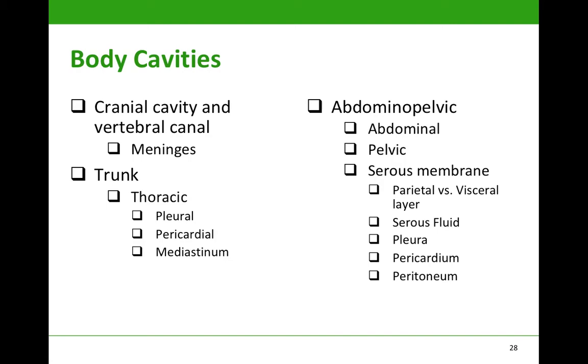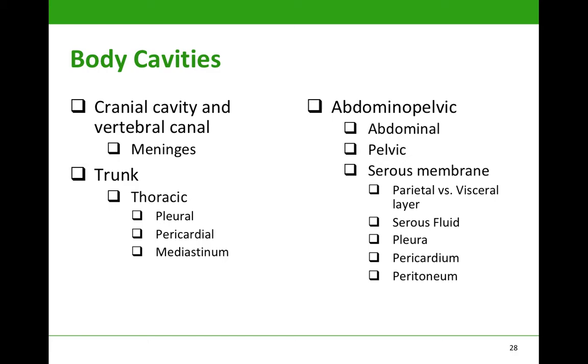And the layer that comes into contact with the wall of the thorax and the abdomen is the parietal layer. In between those 2 layers, there's going to be a little bit of fluid, the serous fluid, and that's just so that we can reduce the friction and allow the viscera to slide somewhat during movements more comfortably.